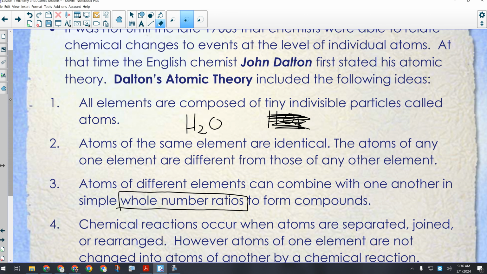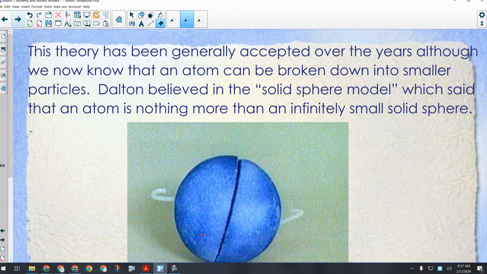Lots of things are spheres. So he says atoms are spheres. And everyone's like, okay, we don't have any evidence to prove you're wrong or prove you're right. So okay, atoms are spheres. His model of the atom became what everyone accepted for a while: atoms are a solid sphere.